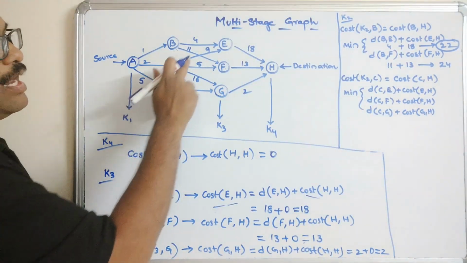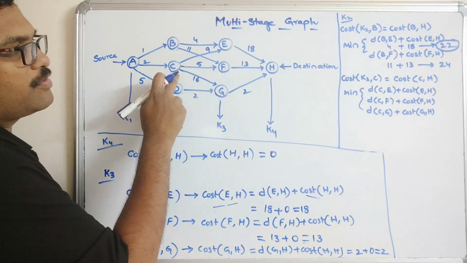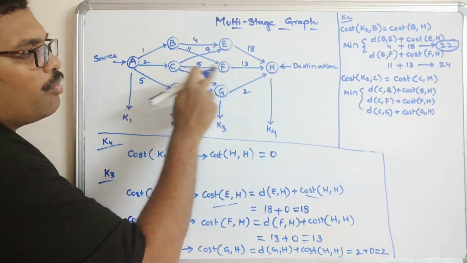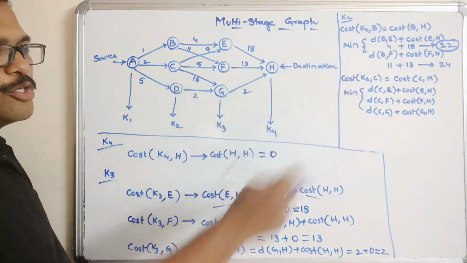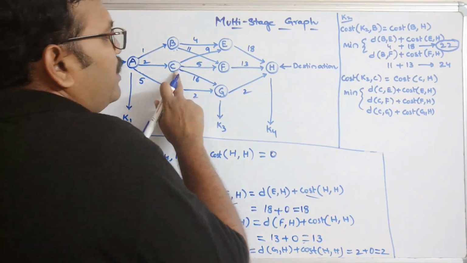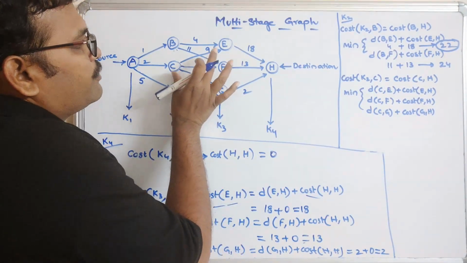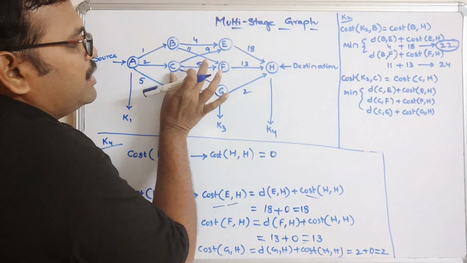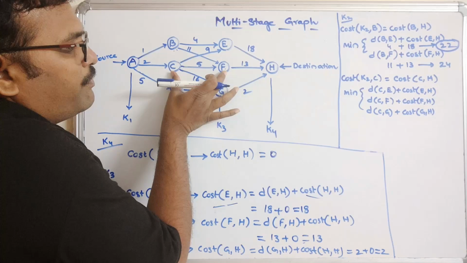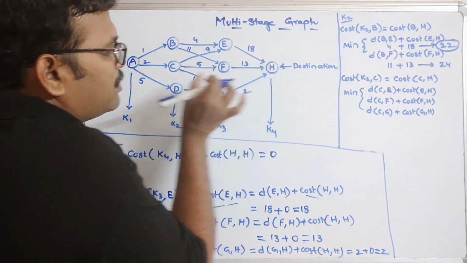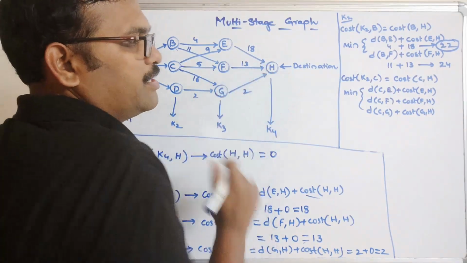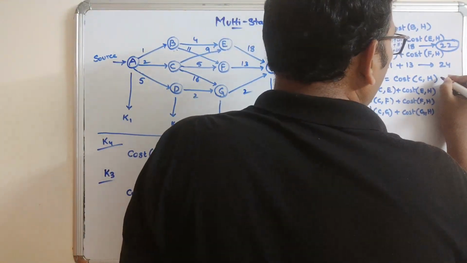See, there are 3 outgoing edges. So we can reach H from C via E or F or G. So 3 possibilities. So we need to find the distance of C to E and cost of E and H, distance of C and F and cost of F and H, distance of C and G and cost of G and H. So what's the value here?